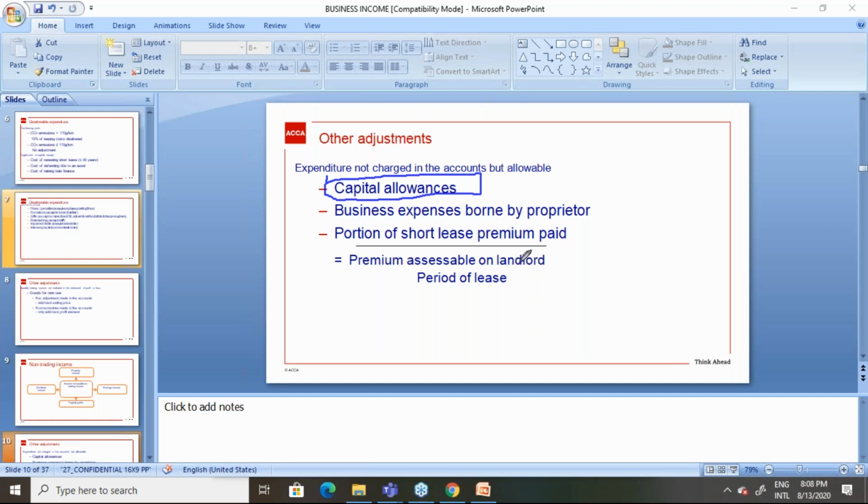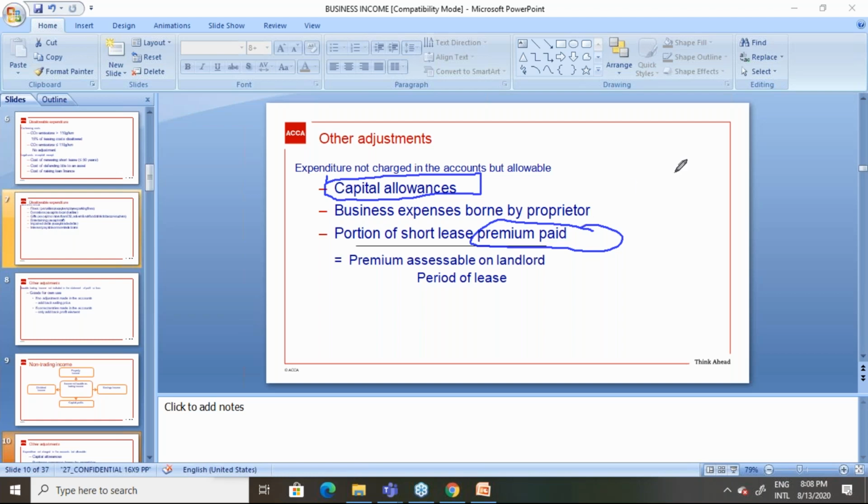Then the portion of the short lease premium paid. Now, for this purpose, we are using a special calculation. We use a special formula to calculate the assessable lease premium. I will quickly explain it since it's there in the syllabus.